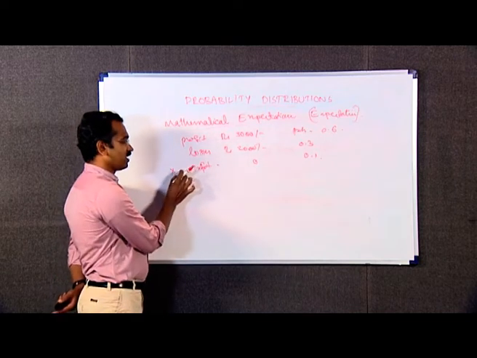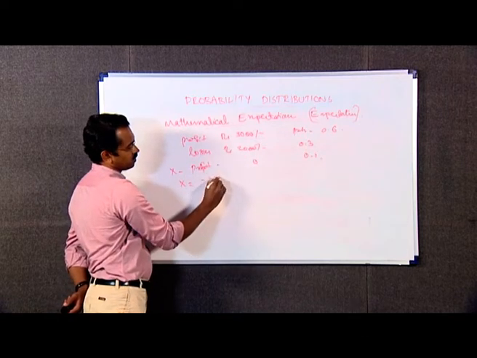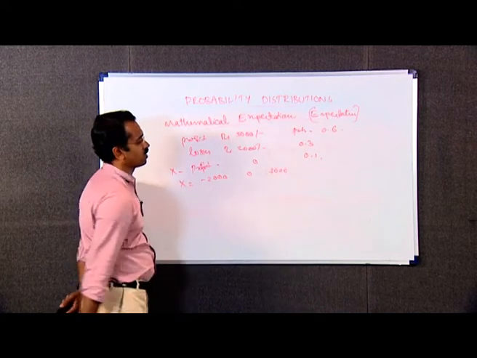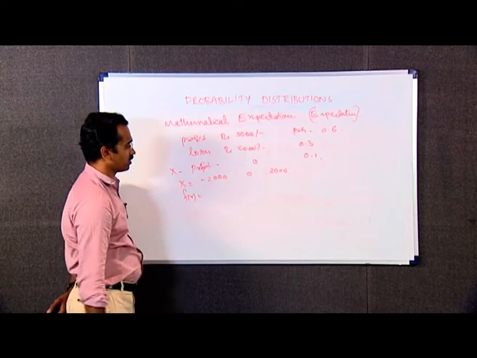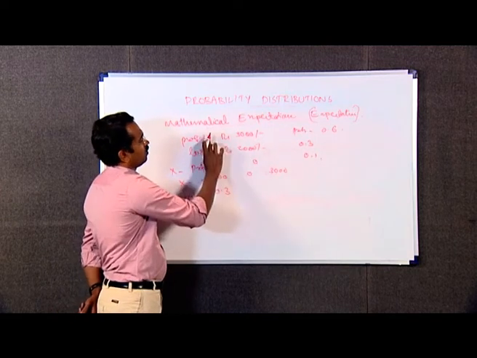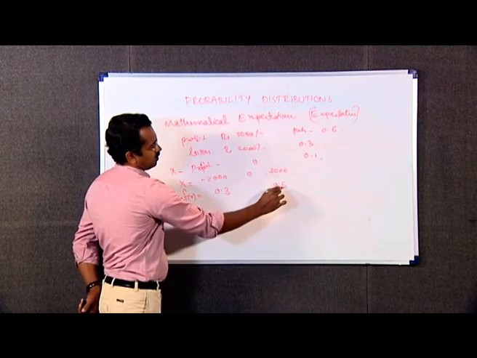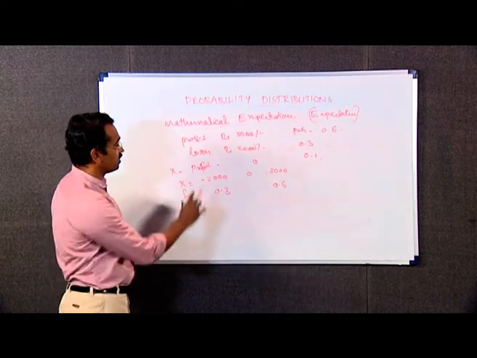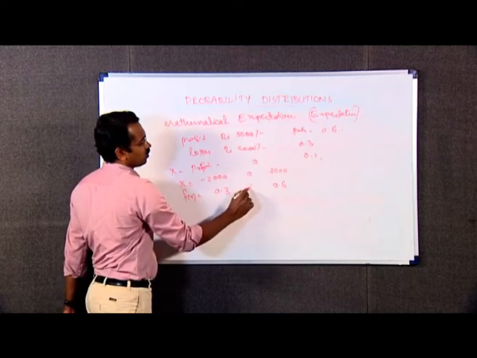Therefore, the possible values of X are negative 2,000, 0 and 3,000, and the corresponding probabilities f(x) are 0.3, 0.1 and 0.6. The probability for 3,000 rupees profit is 0.6, and for neither a profit nor a loss it is 0.1.